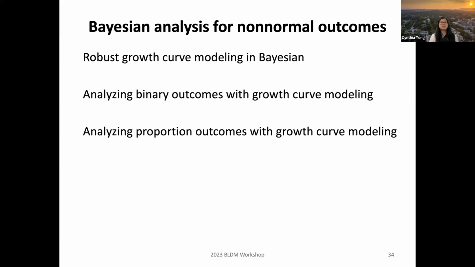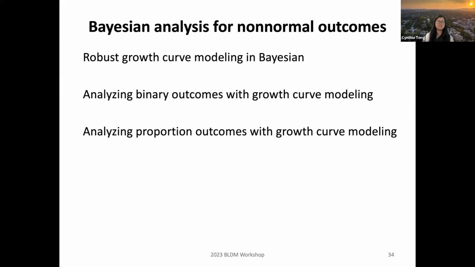There are different strategies that can be used to handle those data. But in addition to that, sometimes the outcome variables are systematically non-normal. For example, they are binary, or proportion data, or count data. So in that case, we can't just simply use the traditional growth curve model.